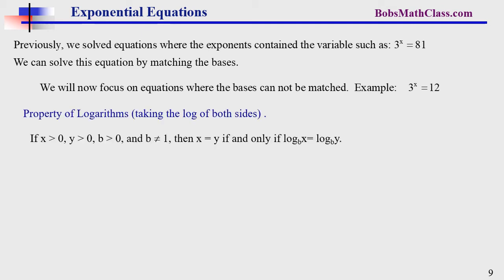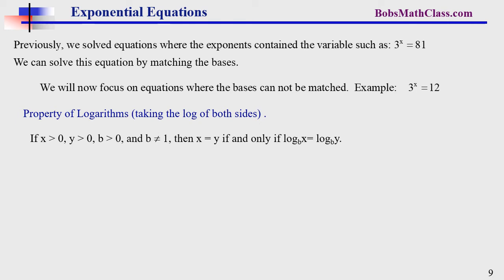So we need another property. This is the important property we need. And that is saying we have all these conditions. x has to be greater than 0, y greater than 0, b greater than 0, b not equal to 1. x equals y if and only if log of x equals log of y, same base.